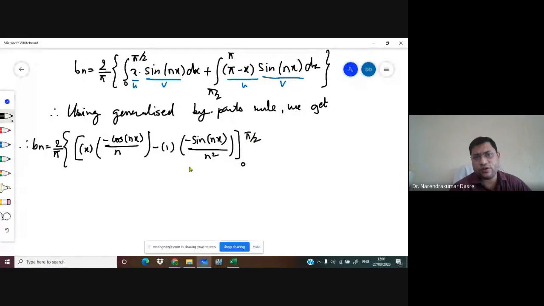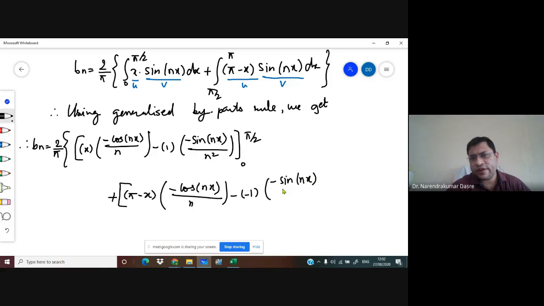Now we have to be careful here. So for this integral, what we'll get is, see, pi minus x remains as it is, minus cos of nx upon n, minus the derivative of this term will be minus 1 and the integration minus sine of nx upon n square, and the limit for this integral is pi by 2 to pi.